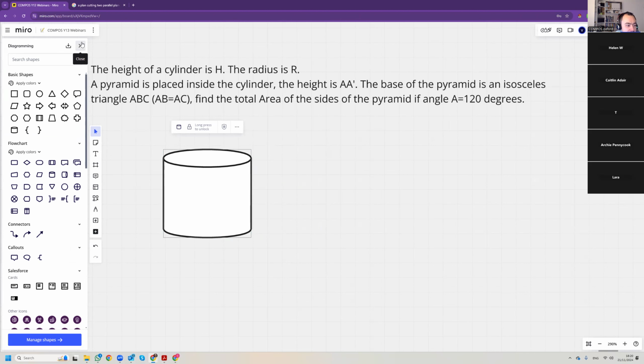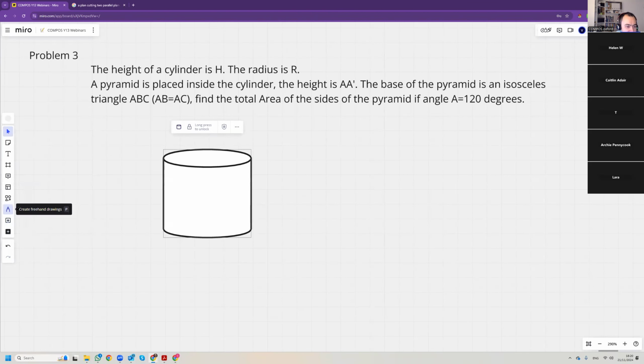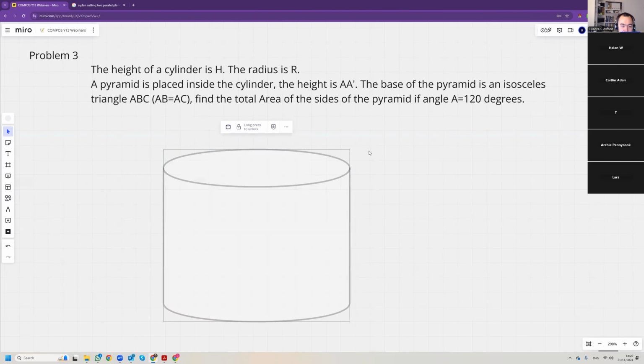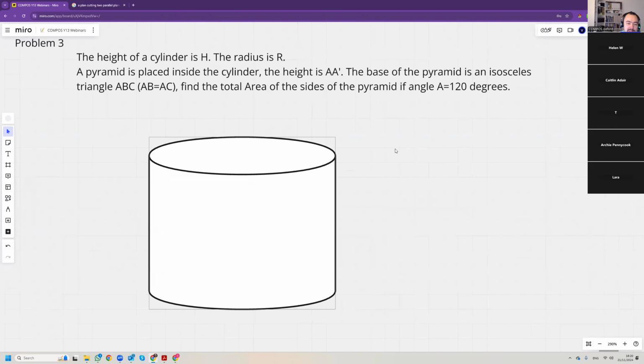Okay, that's handy. The height of a cylinder is h. The radius is r.